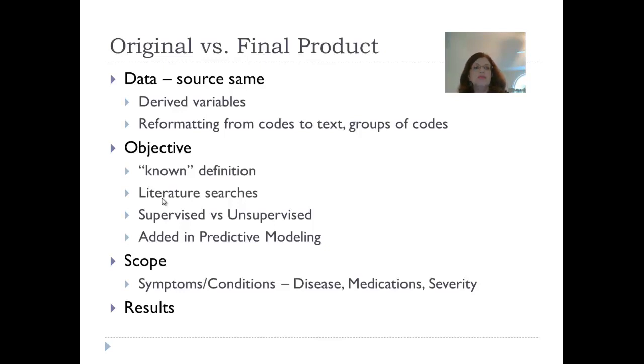Now, in our original write-up, we had an objective, and in that objective we said we would look for known conditions or known relationships. That known wasn't really specified enough. What's known? Who knows it? Depends on who you are.